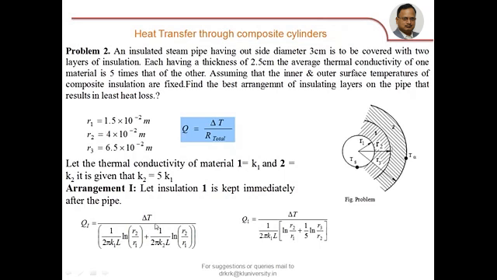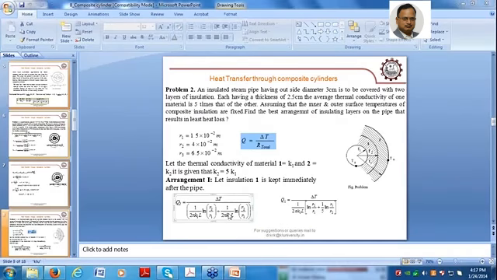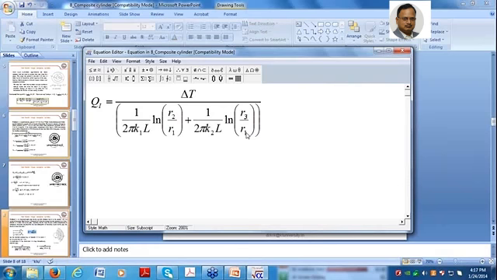So Q is equal to delta T by 1 by 2 pi K1 L log R2 by R1 plus 1 by 2 pi K2 L log R3 by R2. A small correction was required: this is R3 by R2.